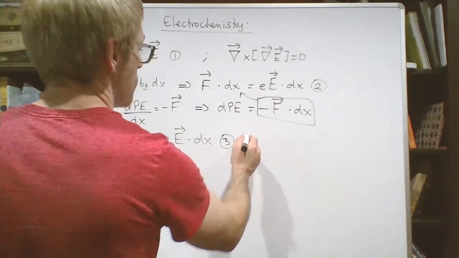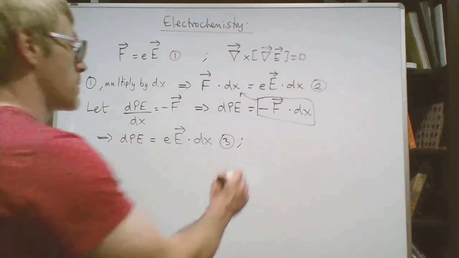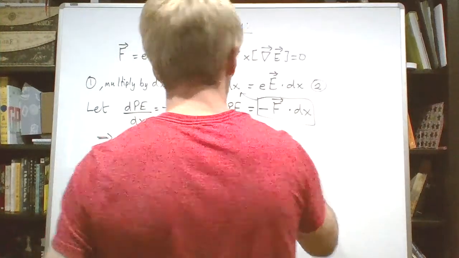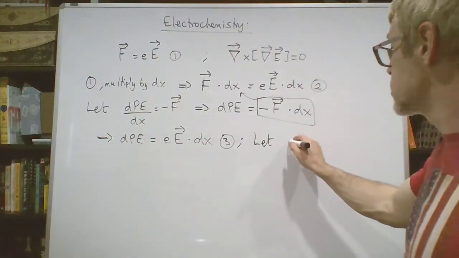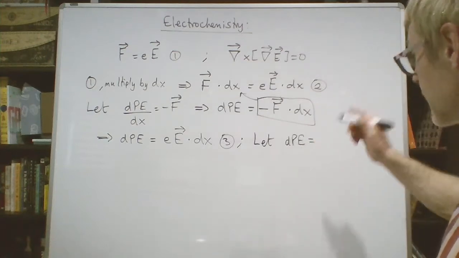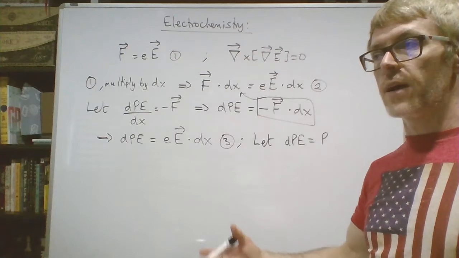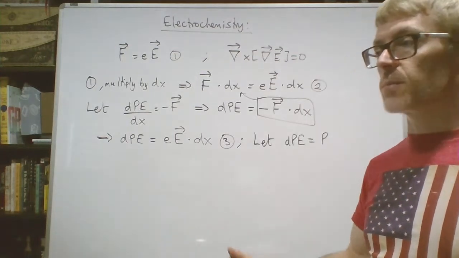Okay, I'm now going to make another assertion as we go down towards something that's going to ultimately be useful to us in electrochem. I'm going to say let the change in potential energy equal between two objects. So let's say I now have two objects that become aware of each other.